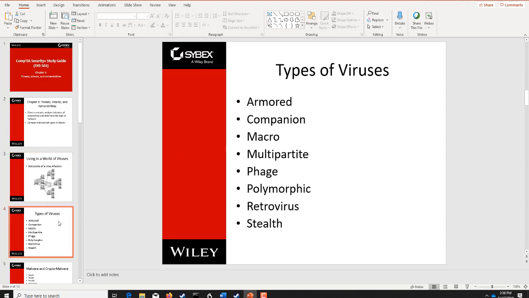But there are different types of viruses that we look at. And we have a listing here. Armored, companion, macro, multipartite. And as I turn here in the book, I'm actually going to do a reference in chapter 9.